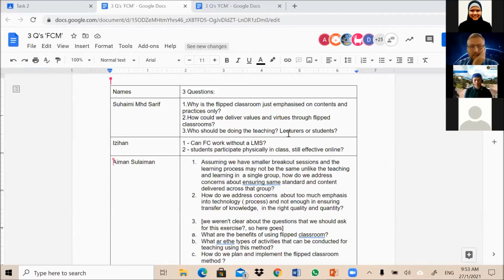So why does it focus on content and not values? I'm going to give short answers to this. My original plan was that you would answer these questions, but I'm looking at the time and thinking we need to move fast. Values and virtues, I think you can teach them online if you know how. I'll give you an example. Let's say you wanted to inspire your students to have iman, to have faith, which is a value, I think. We could argue whether faith is a value or not, but if you wanted your students to have, let's say, honesty, then you could show them a very moving video.